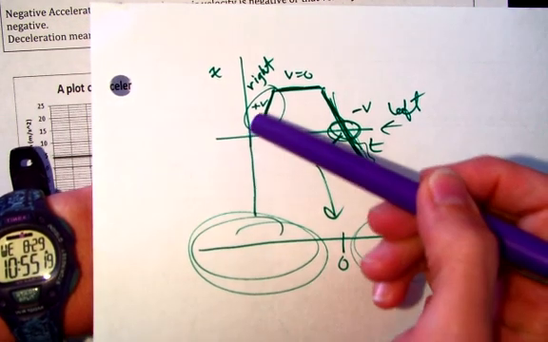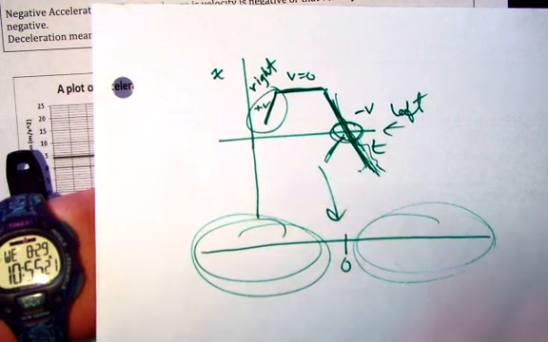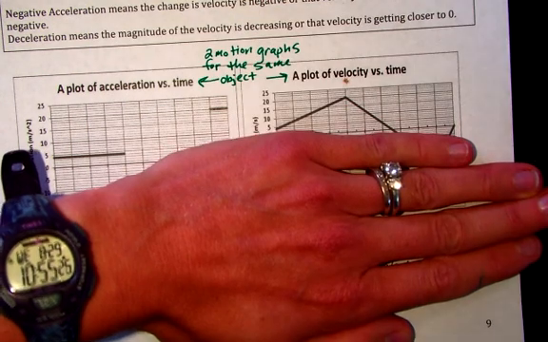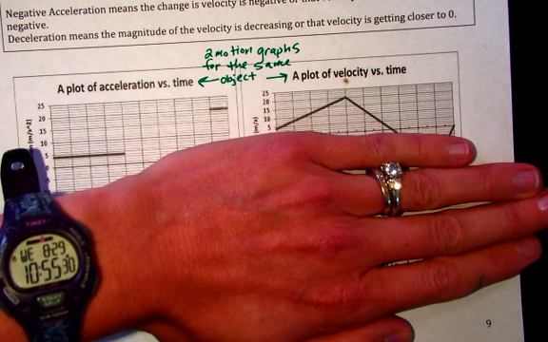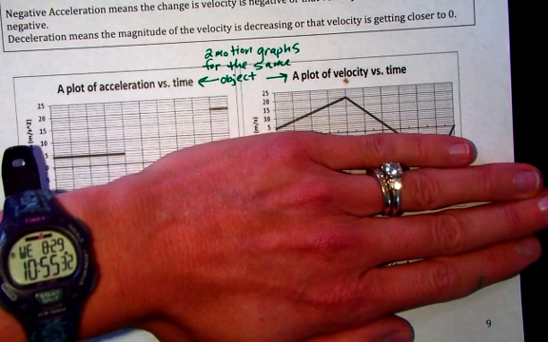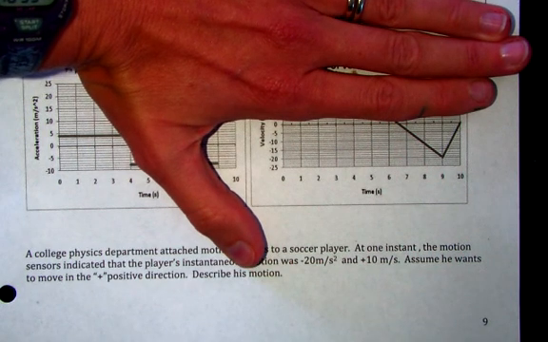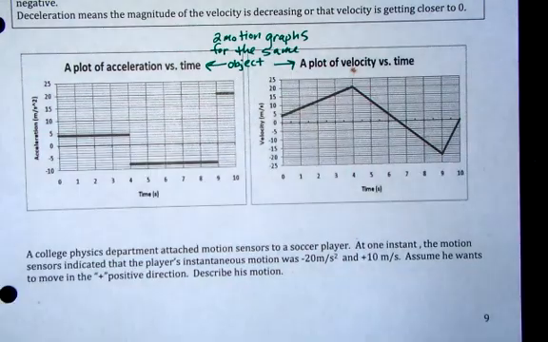I had to be going upward to be going right, and when I'm going down, it means I'm going left. That is not true for a velocity versus time graph. If you are above the x-axis, you are moving right. If you are below the x-axis, you are moving left. Everybody good? That's the number one big idea for velocity versus time.